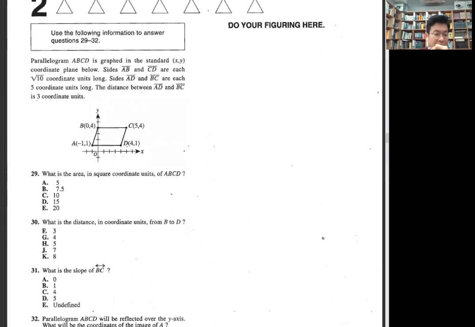What is the area of this ABCD? Base times height. Base is 5, height is 3. 5 times 3 is 15. Distance of B to D. So you can just think about a 3, 4, 5 triangle. Let's see this triangle right here. Pythagorean theorem, or you can just do the distance formula.